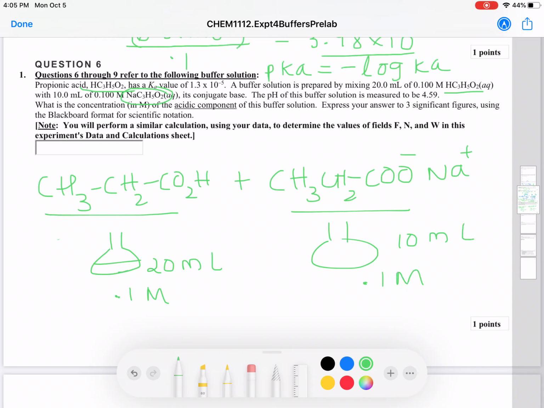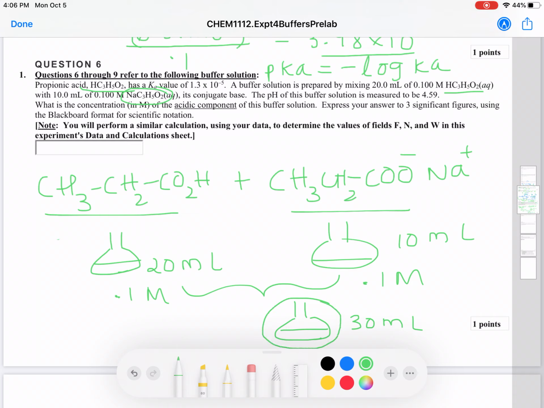So you mix these 2 together, and then let's say you put it in another beaker. Now what is the volume going to be in this new buffer solution that you just made? 20 coming from propionic acid, 10 from sodium propionate, so the new volume is 30 milliliters. Now we have both buffer components in this 30 milliliter solution.